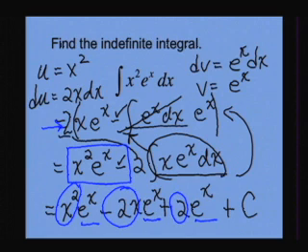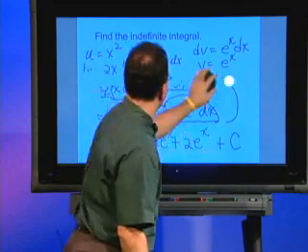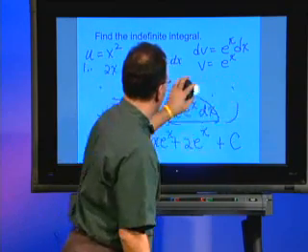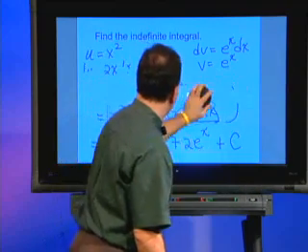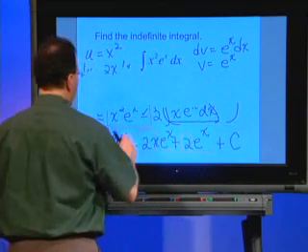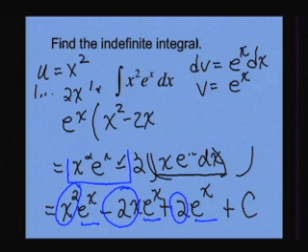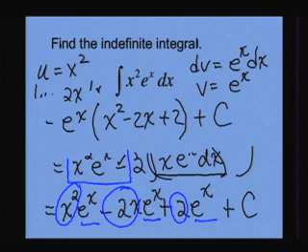And so I'm going to rewrite this just once more, and I'll rewrite it up here, so that my final answer will be e to the x, parentheses, x squared minus 2x plus 2, and then close the parentheses and add the plus c.